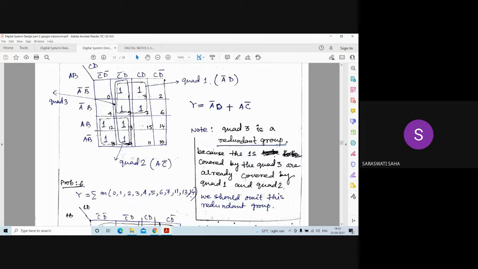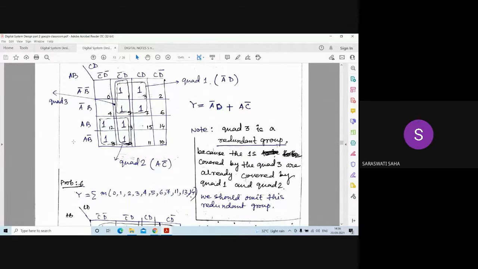But if these two ones are not there, then you will take quad 1 and take these four ones as a quad. If these two ones are not included in this expression, then you can consider quad 1, and by taking these 4 adjacent cells, it will form quad 2. Clear? Yes, ma'am.